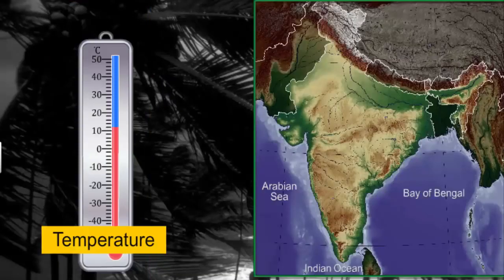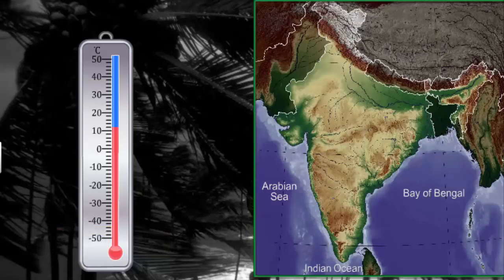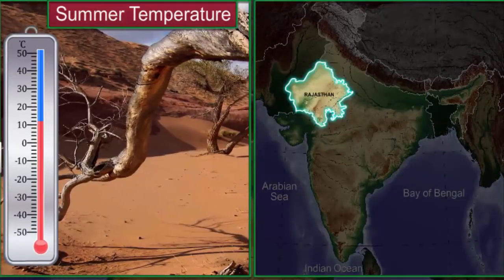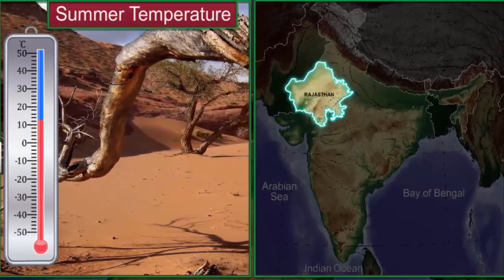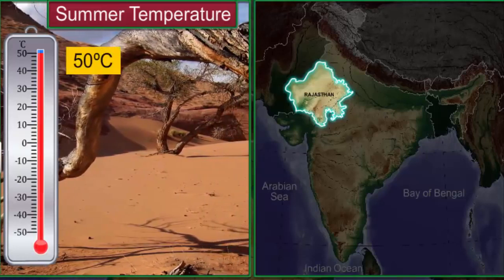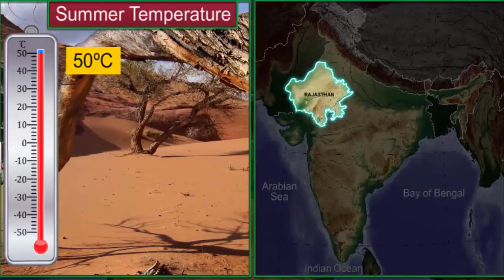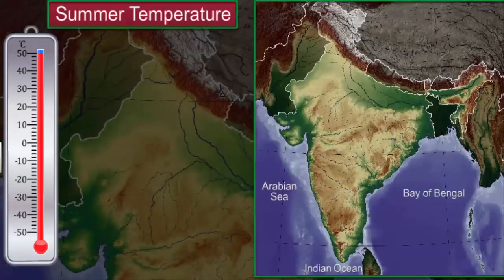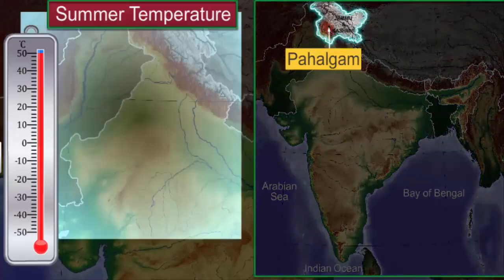In some parts of the Rajasthan desert, the temperature in summers occasionally touches 50 degrees Celsius, whereas summer temperature in Pahalgam in Jammu and Kashmir may be around 20 degrees Celsius.